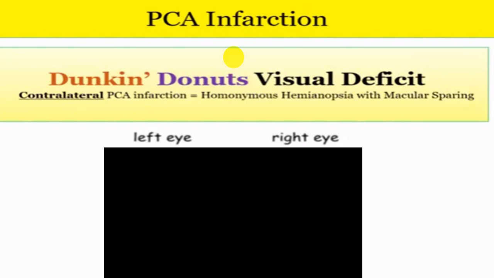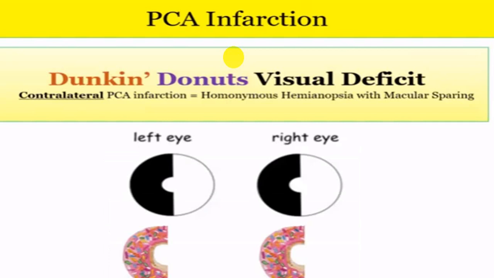In case of a posterior cerebral artery infarct, homonymous hemianopia with macular sparing, very typical.